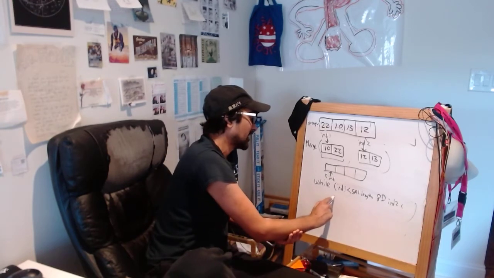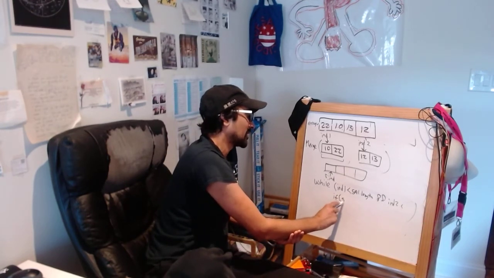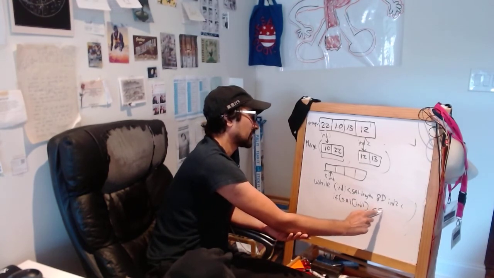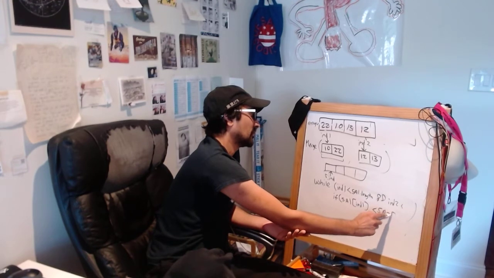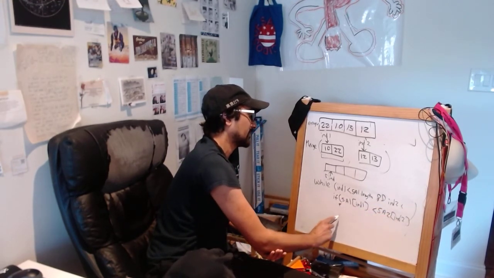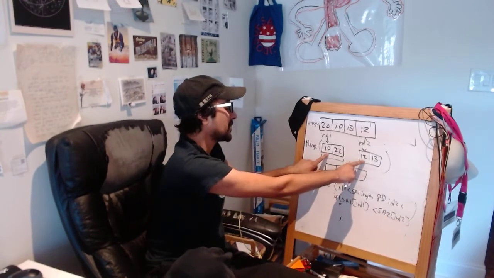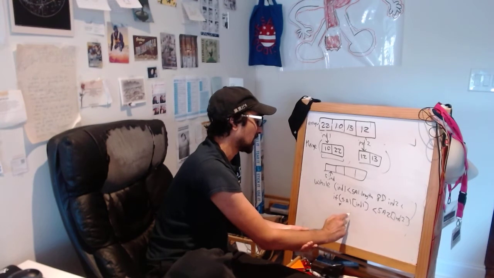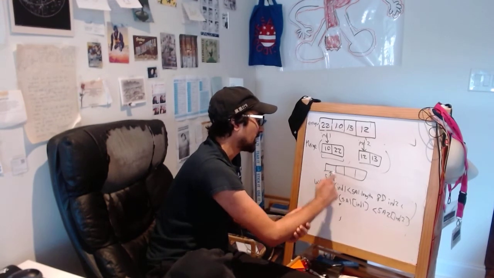So we say if subarray 1 in 1 is less than subarray 2 in 2. Okay, and in this case, is it? Yep, it is. And so then we're going to add it to fn.